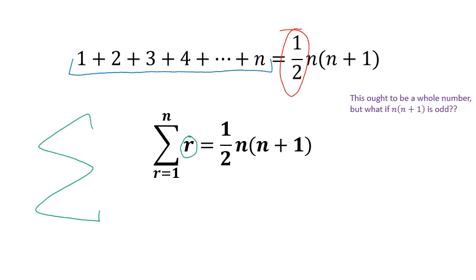But the thing is, r represents not just a single value, but a sequence of numbers, a range of numbers. And that range starts with r equals 1, and it goes all the way up to r equals n. It includes both endpoints. So when we say the sum from r equals 1 to n of r, what we mean is start by setting r equal to 1 and put that number down.